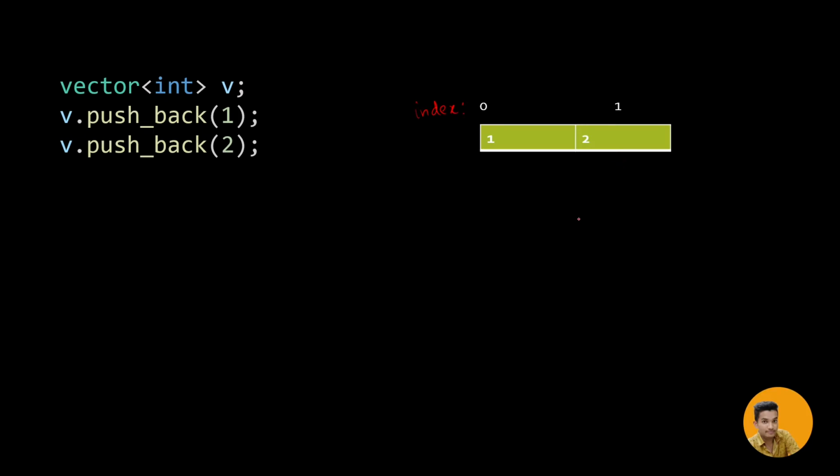Now suppose your requirement is increasing and you want more space, then we are going to push back, suppose, 3, and this is going to be inserted here, so its size is increasing.